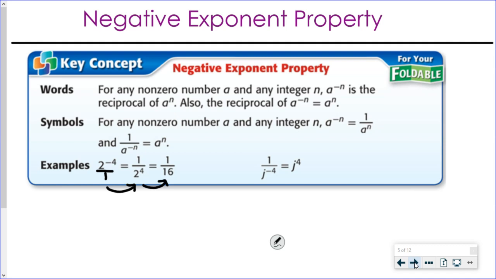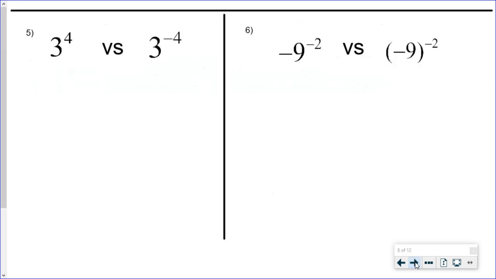Same thing here. Do you see this negative exponent means you move it to the top of the fraction, and then that negative goes away. So this basically means, and I hope you have your calculator, 3 to the power of 4, that's the same thing as saying 3 to the power of 4 over 1.